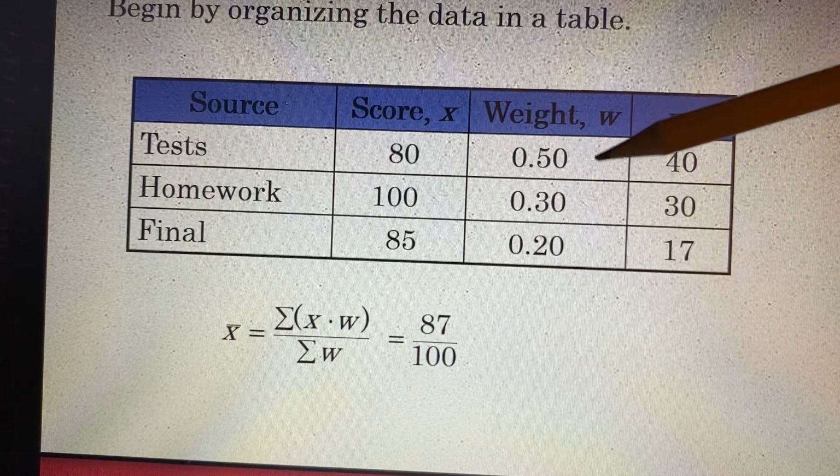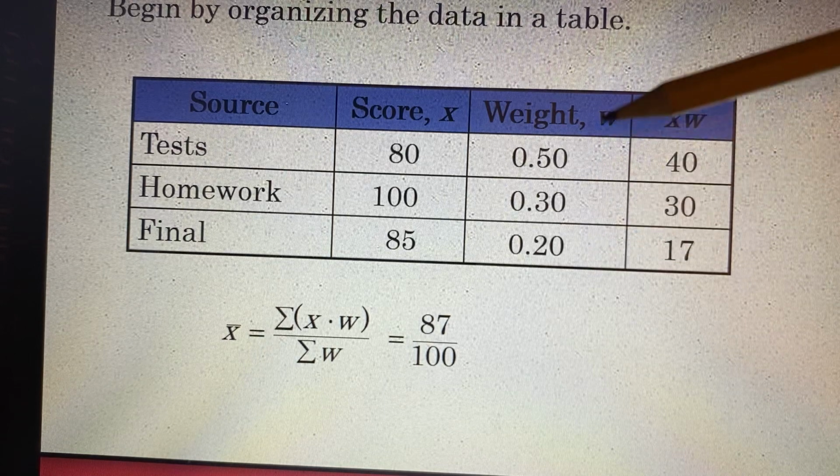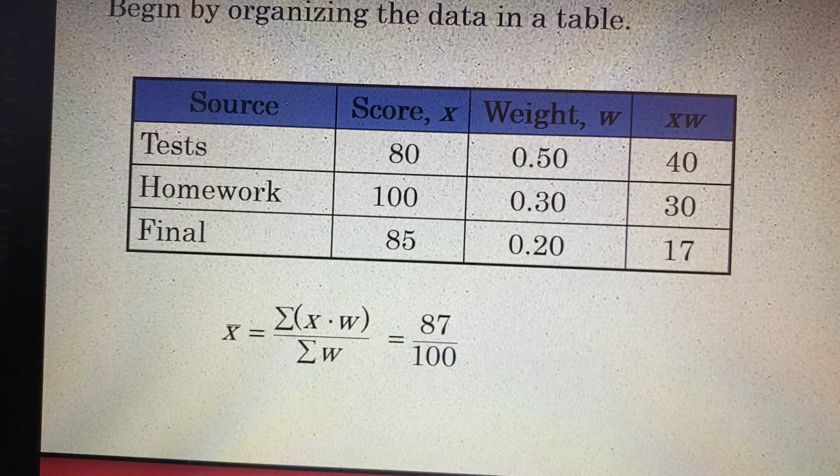And the sum of your weights, since they left this as a decimal, I would have put a 1 here because it would be 1.00. But it looks like they changed it back to a percentage, 100%.